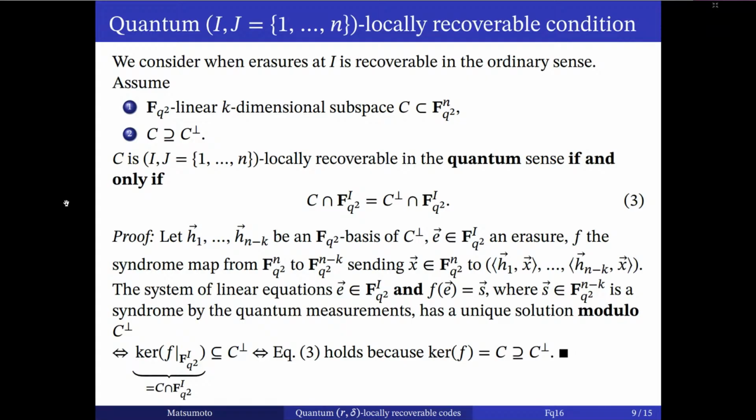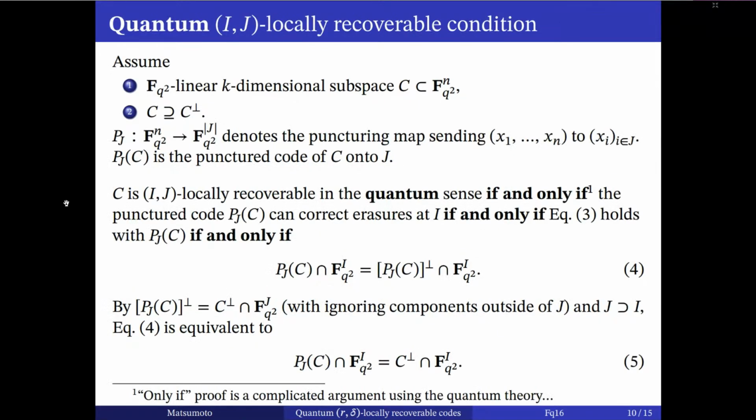So the proof is again very simple. On the next page, C in equation 3 is replaced by its punctured code in order to consider local recovery. Again, Pj of C denotes the punctured code of C onto the index set J. Then, here we consider Ij local recovery in the quantum setting.